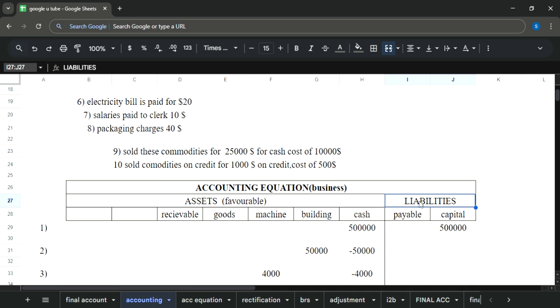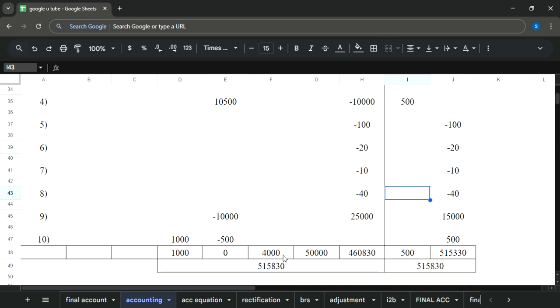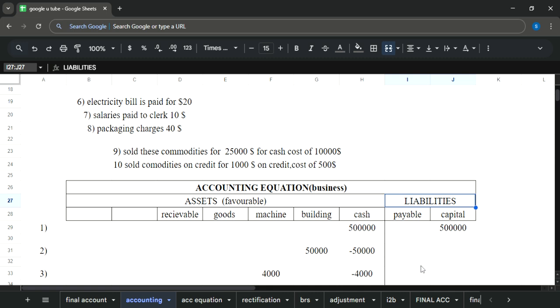You can ask the question, but here you can see that all assets are equalized with your liabilities. So please understand, I will be sharing the link of this lecture where we have learned how to arrange and record the basic transactions.